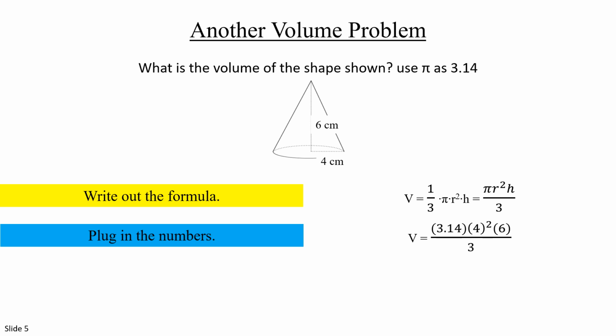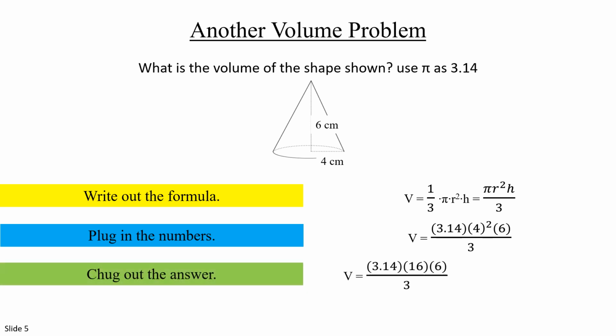Plug in the numbers, pi times radius squared times height all over 3. And then you chug out your answer. So 4 squared is 16, multiply the top, 301.44, and then finally divide by 3. Centimeters cubed. Volume is always cubed.